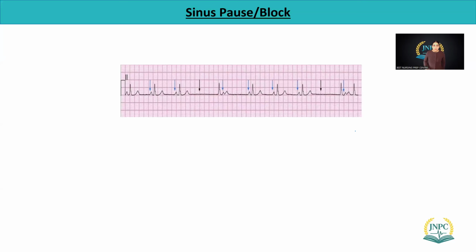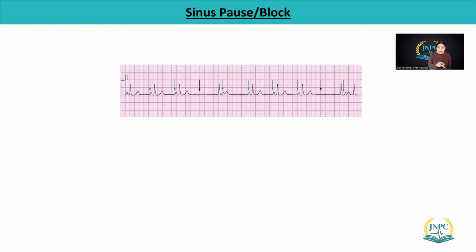Okay. So this is called sinus block. How will you know that this is sinus block? We said that the SA node is the one that is firing all the time. So everything is supposed to go okay by the SA node. So you can see the PQRST, PQRST.